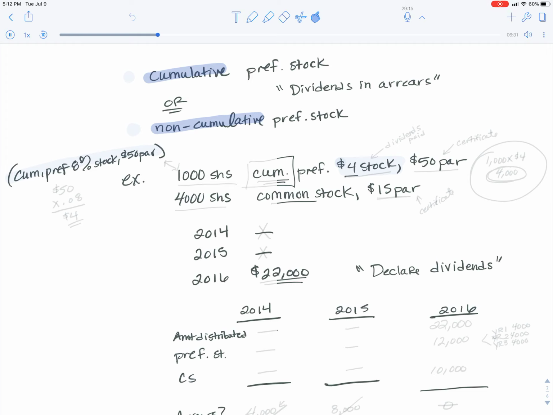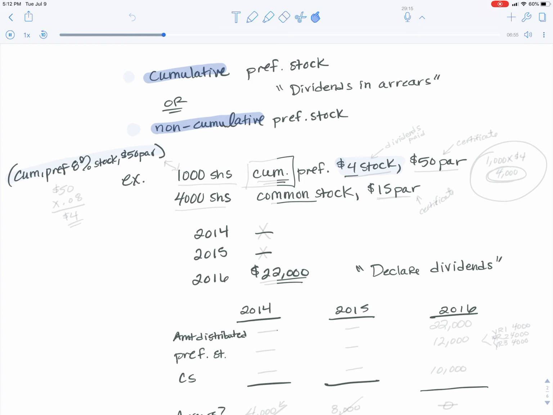So an example of that would be you are an owner in a company, you're a preferred stockholder in a company, and your stock is cumulative, but the company doesn't pay dividends this year, and so they don't pay dividends in the second year, and in the third year they decide that they're going to pay dividends.